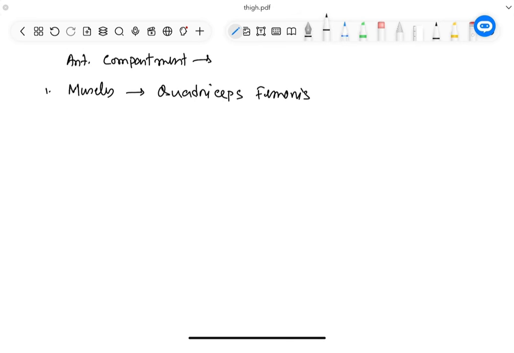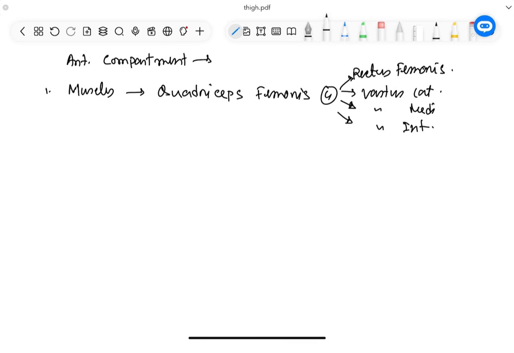Keep in mind, as it is quadriceps, there should be 4 muscles. What are the 4 muscles? Number 1, rectus femoris, then the vastus group: vastus lateralis, vastus medialis, then vastus intermedius. These are the 4 muscles.